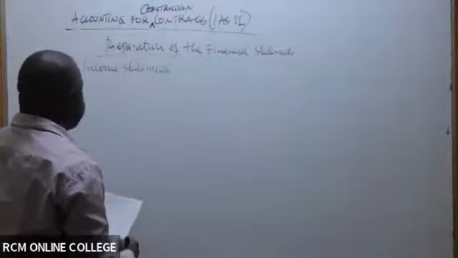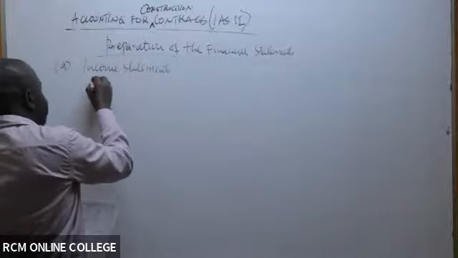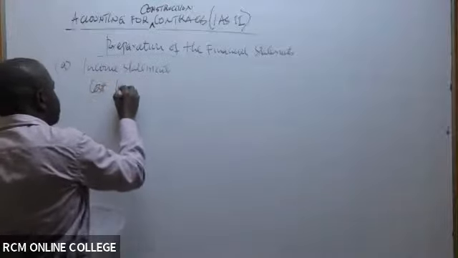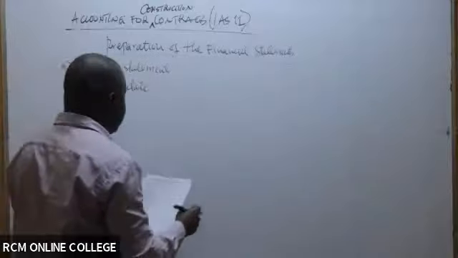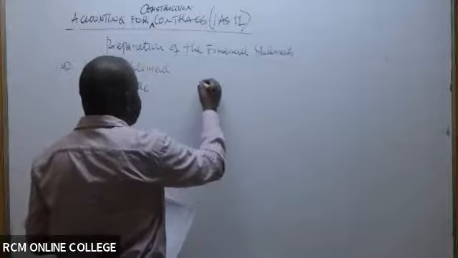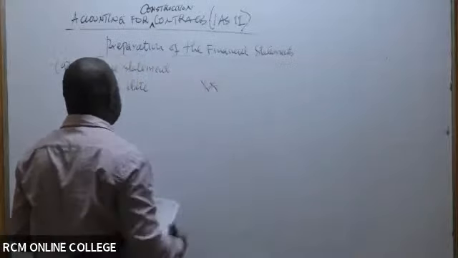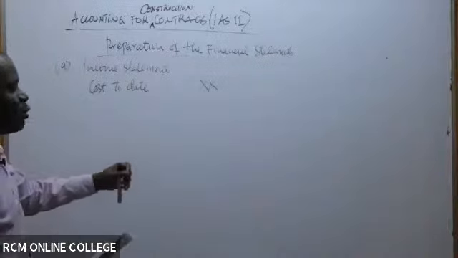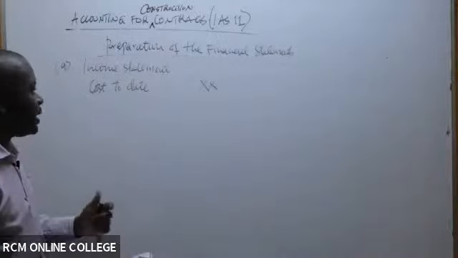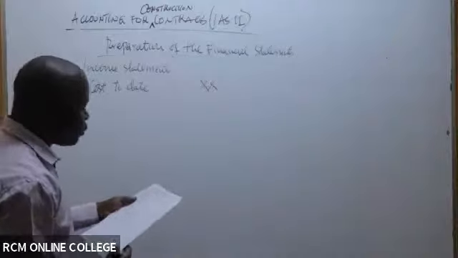So the income statement, you will start with what we call the cost to date. You can just write the cost to date. It will look a bit confusing when we are looking at the presentation, but when you do an illustration, you will understand. You will start with the cost to date, which I've briefly explained here. Cost to date ni ile cost to income mpaka sai, maybe by the end of the first year. So you start with the cost to date.